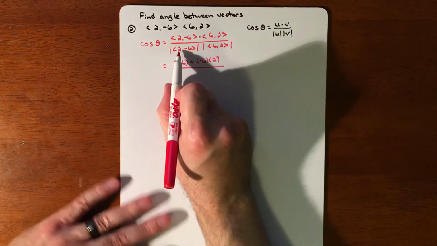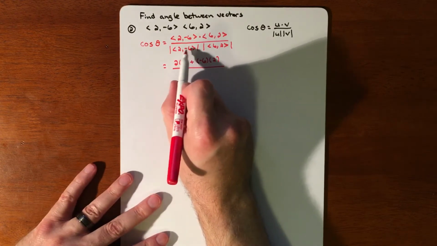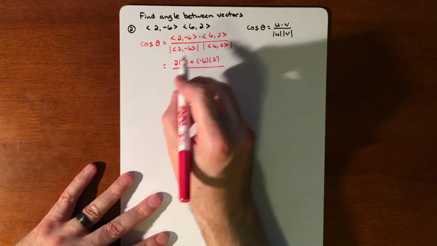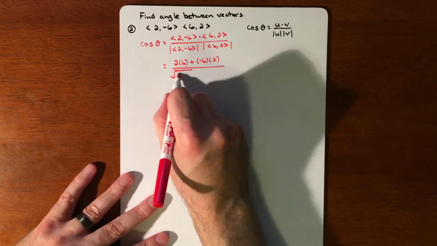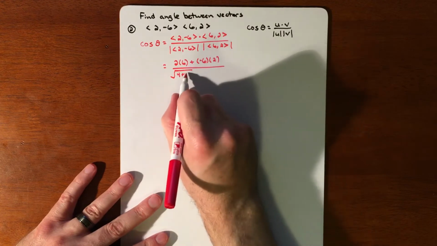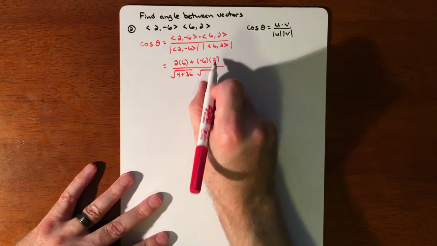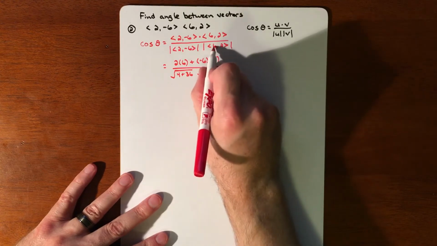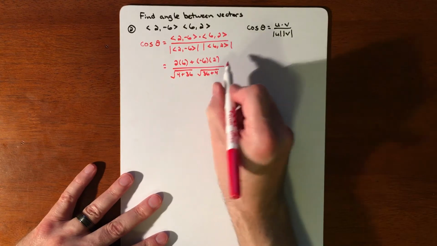And then the magnitude of this is kind of like finding a Pythagorean theorem. So those would be like the legs of this, and we're trying to find the hypotenuse. So we're going to be square rooting 2 squared, which is 4, plus negative 6 squared, which is 36. And then here we're going to be 36, so 6 squared plus 2 squared, 36 plus 4.